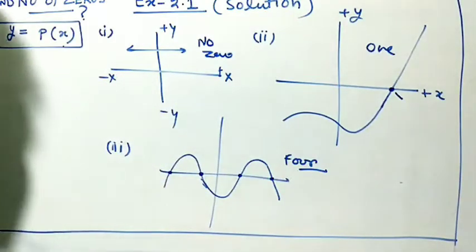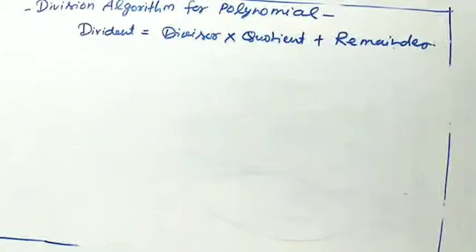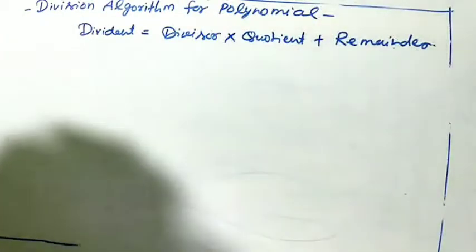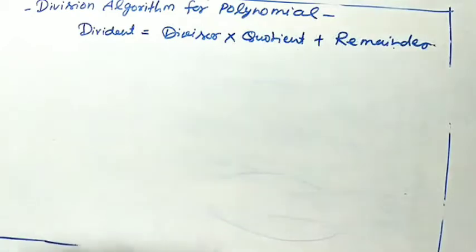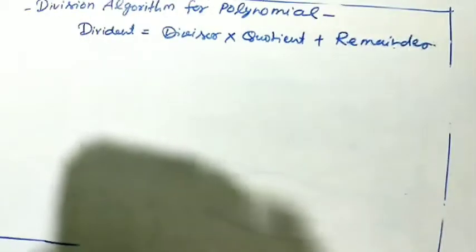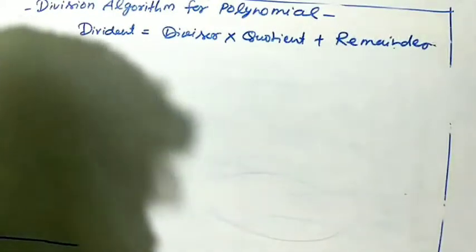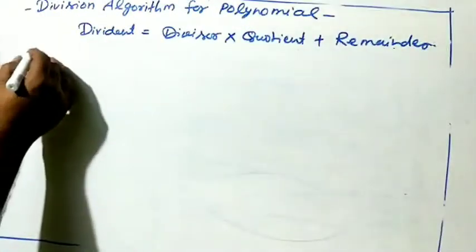So now come to the next topic. The next topic is the division algorithm for polynomials, and it is very common to all that dividend equals divisor multiplied by quotient plus remainder. Let's start by taking an example.